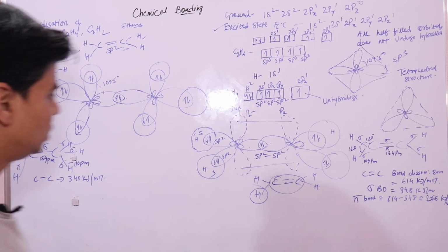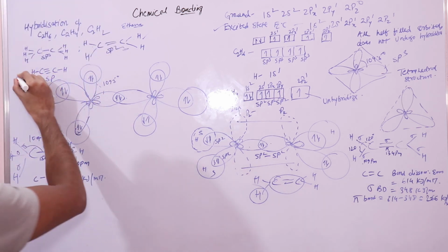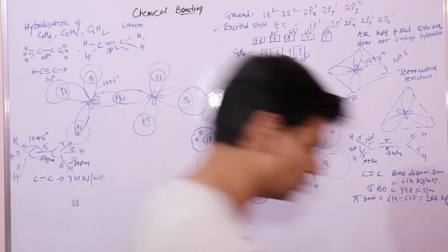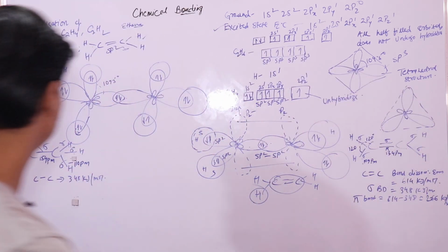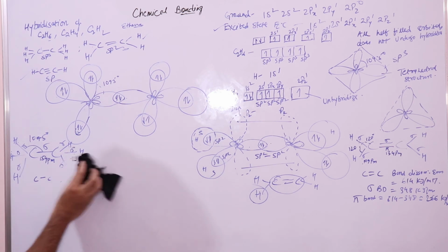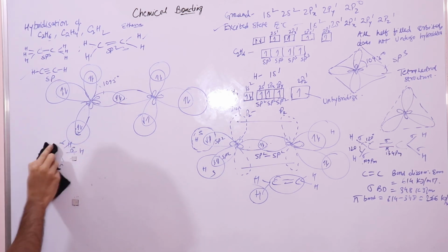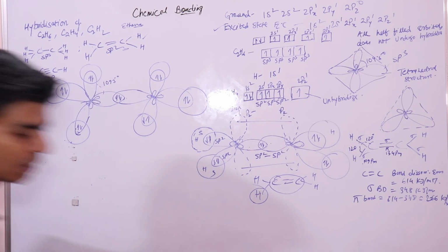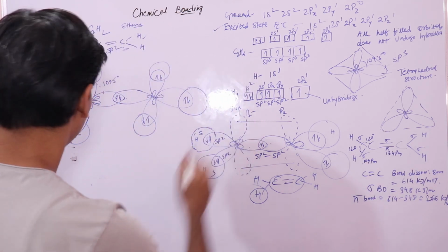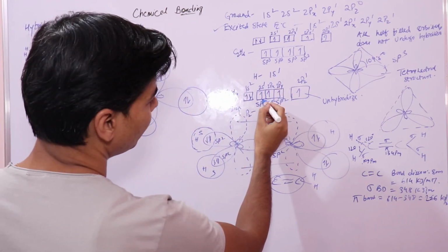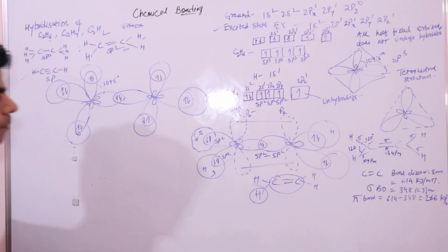Now there is a third molecule, the acetylene molecule. Acetylene is again a simple molecule. In acetylene, the hybridization would be between one s and one p orbital.